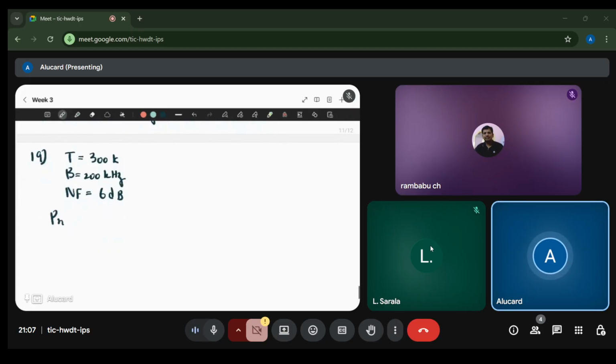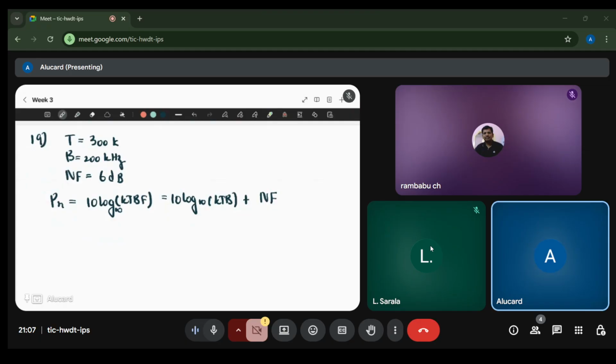So the noise power is 10 log of kTB plus the noise figure. 10 log F is the noise figure.